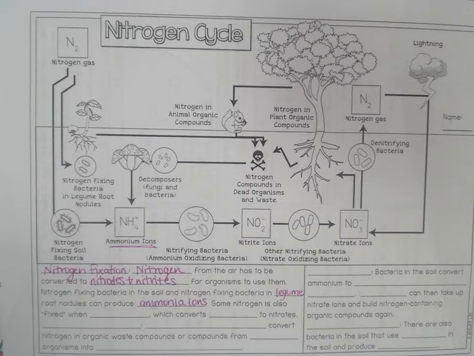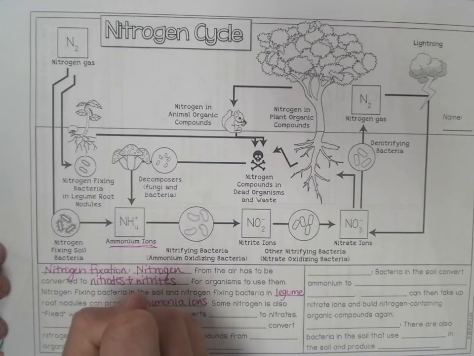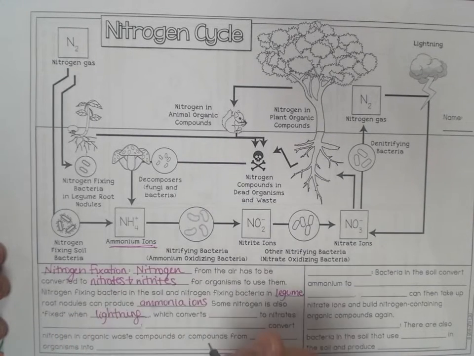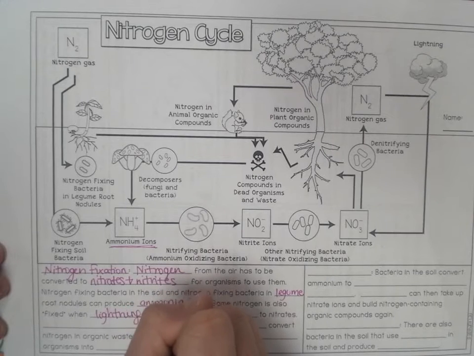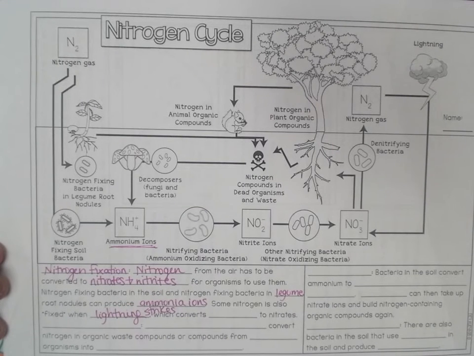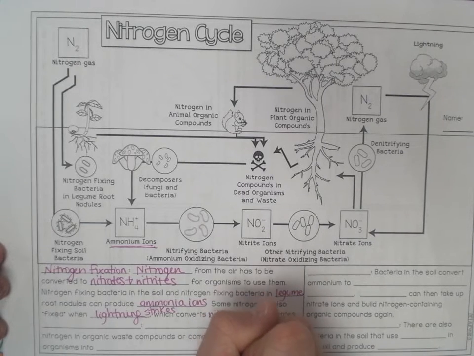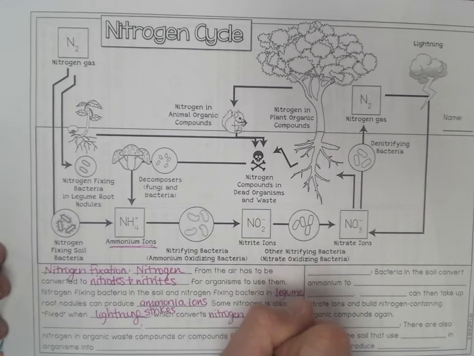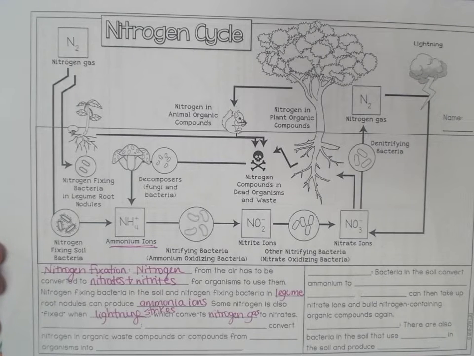And now we say that some nitrogen is also fixed when lightning strikes, which converts nitrogen gas to nitrates.